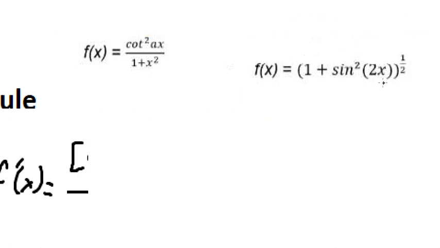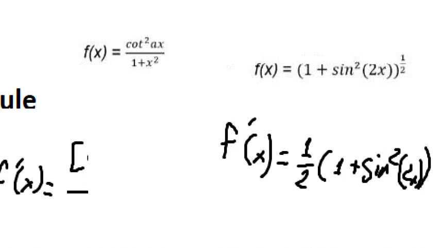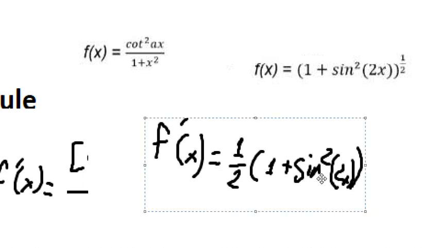So if we do first the derivative of this one, we have the power in here. So we have 1 over 2. Later we have 1 over 2 minus 1. And this is about negative 1 over 2.